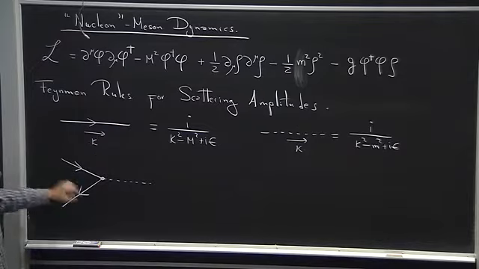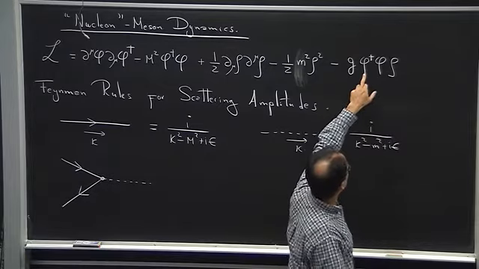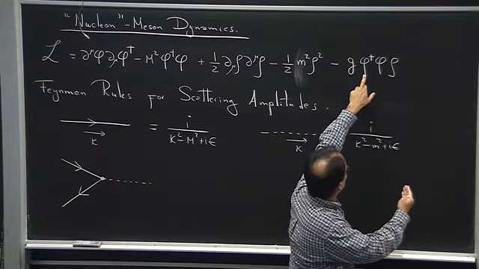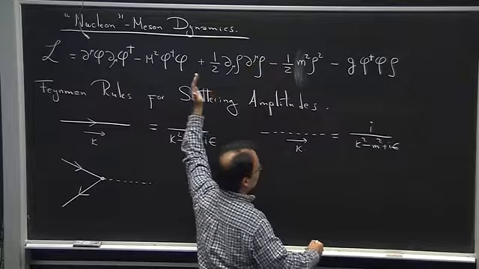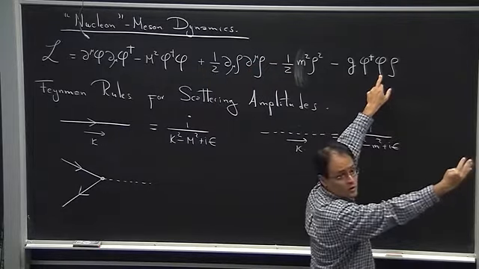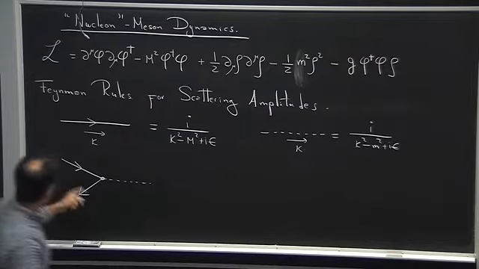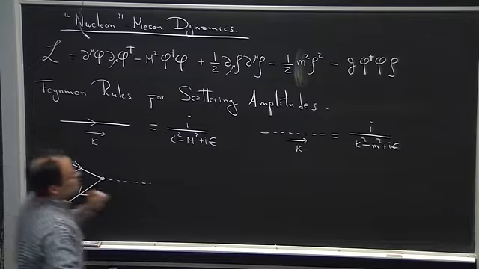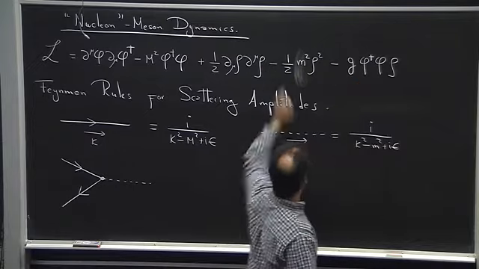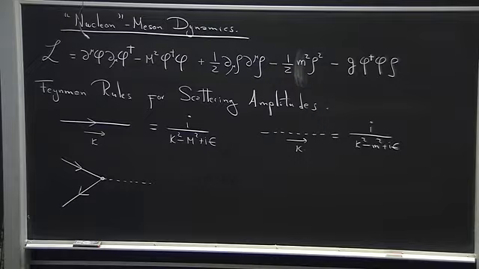So that means this vertex will be produced by contracting this one with some phi coming from somewhere else, and this phi with some phi dagger coming from somewhere else. So the phi with the phi dagger will produce a propagator of this form, and the phi dagger with the phi will produce a propagator of this form. Okay?